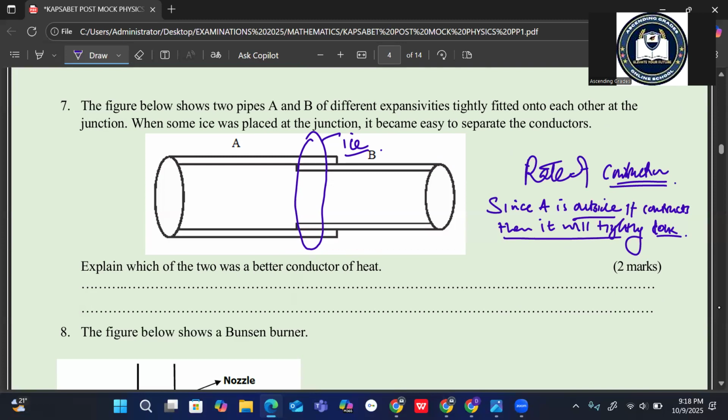So we put an X on A. So our B becomes automatically the answer.